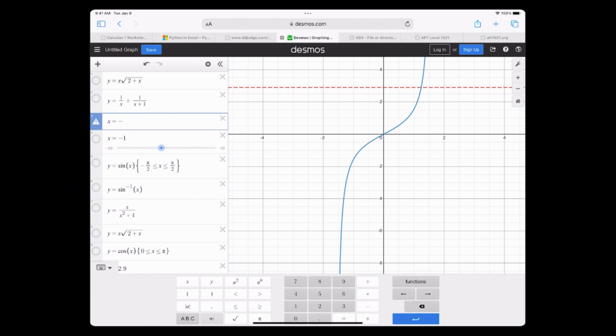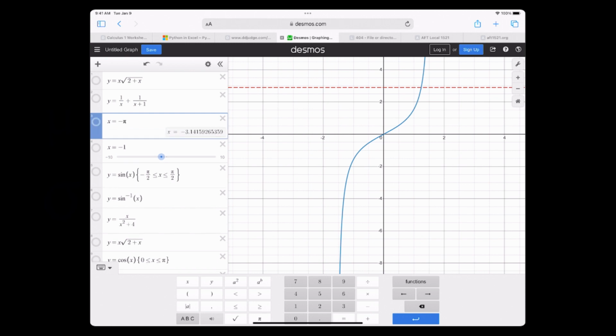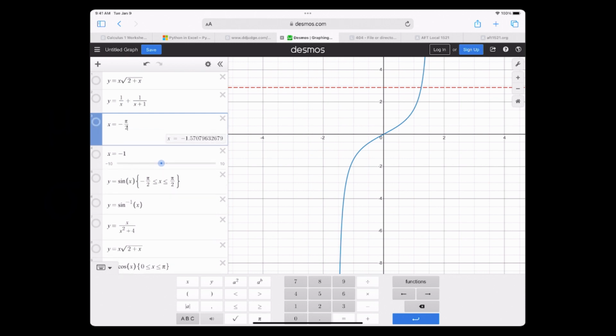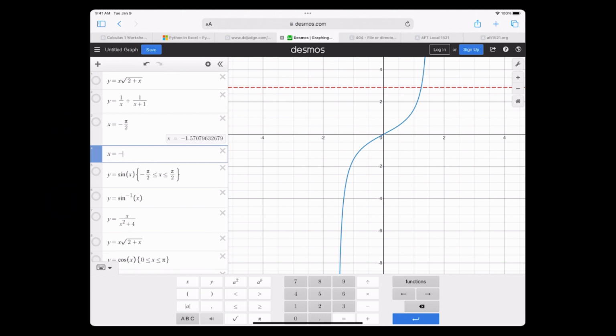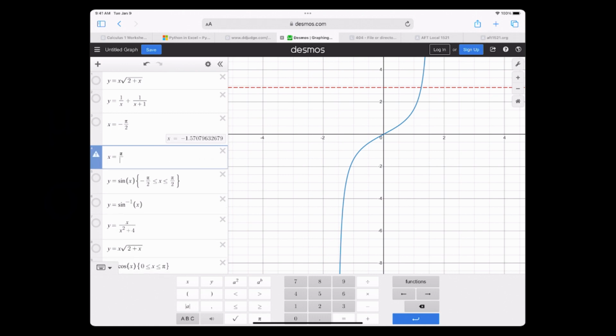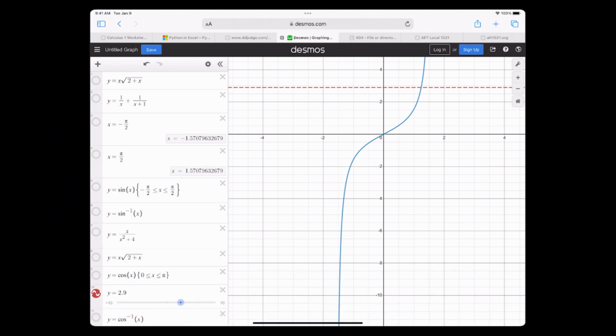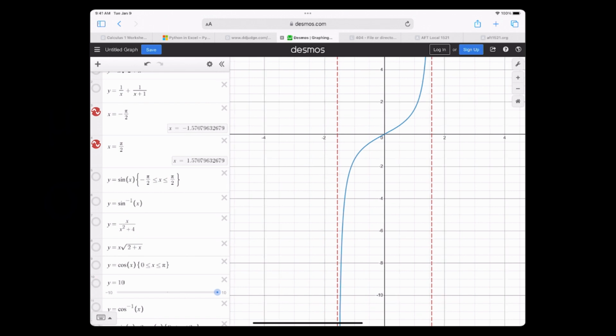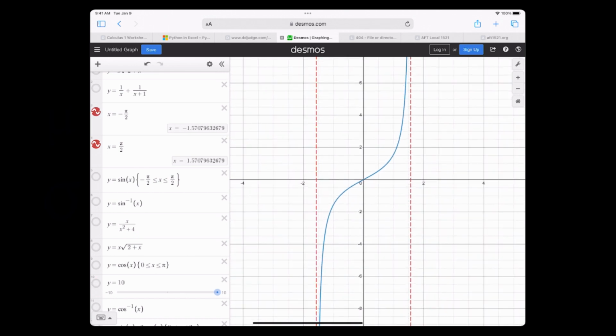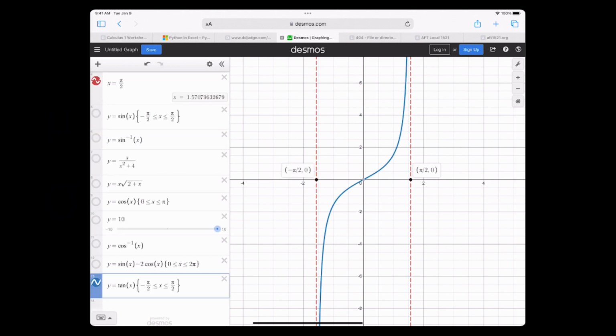Do you guys remember the graph of tangent, the fundamental graph of tangent? There we go. You guys know what I just gave you guys? I'm going to put all these important points. That's the location of our what? Vertical tangents here.